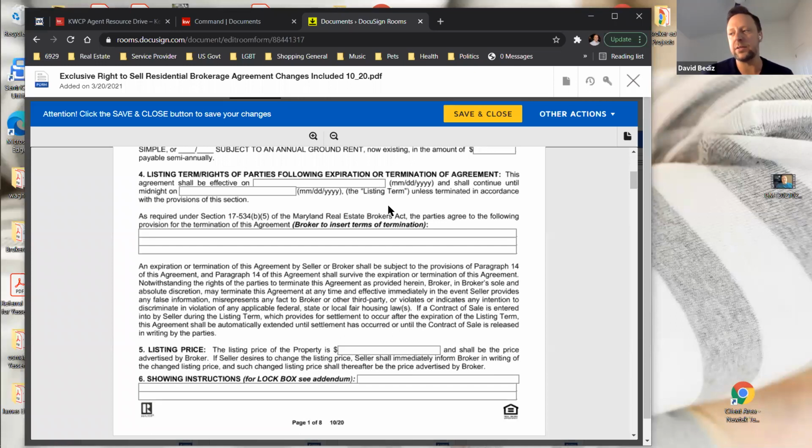I'm not going to cancel his agreement. It expires in 3 days or 2 weeks or whatever. I'll let it ride out for that period of time, but I want to sign with you afterwards if we don't sell it. That would be a good time where you could make it effective the day the other listing agreement expires. That's probably the best use of it. Great point.